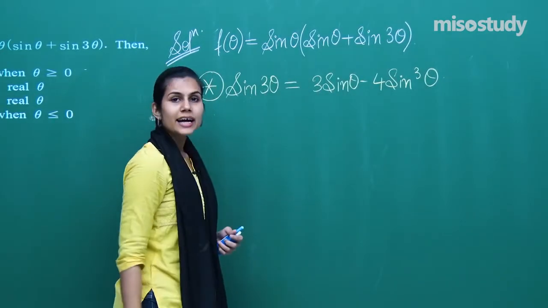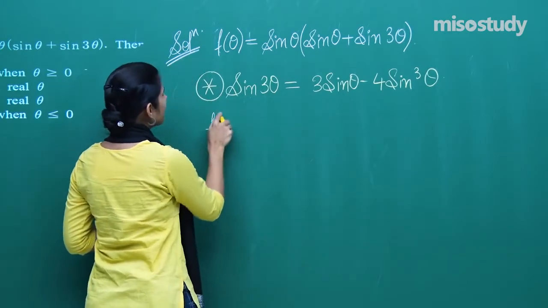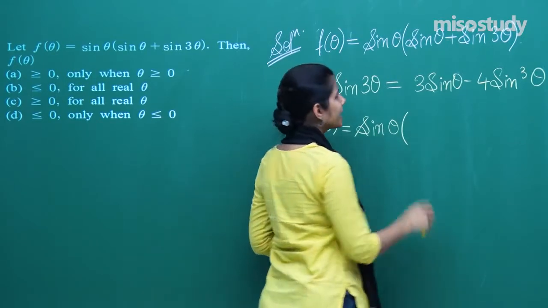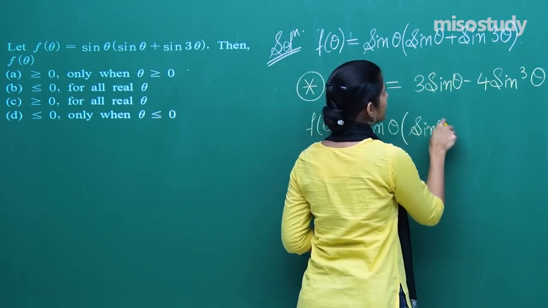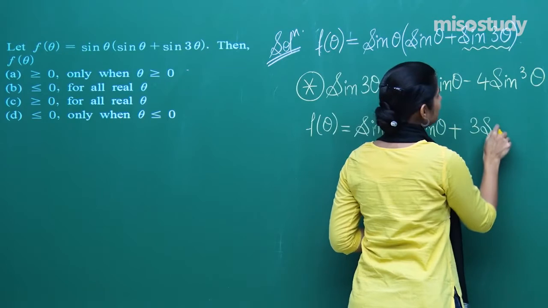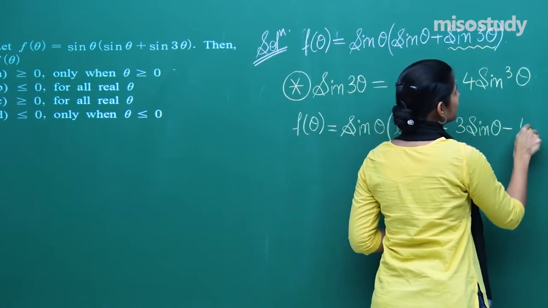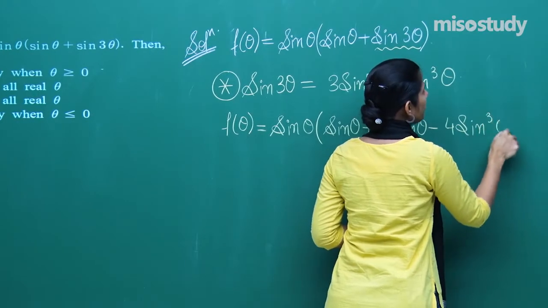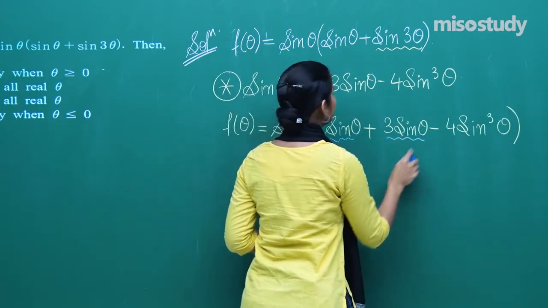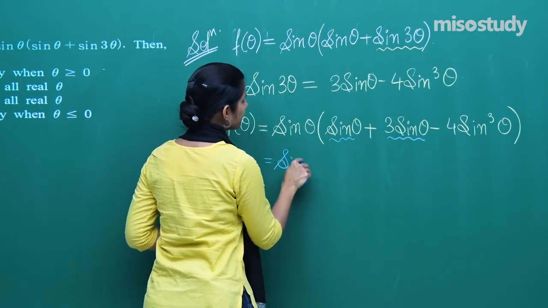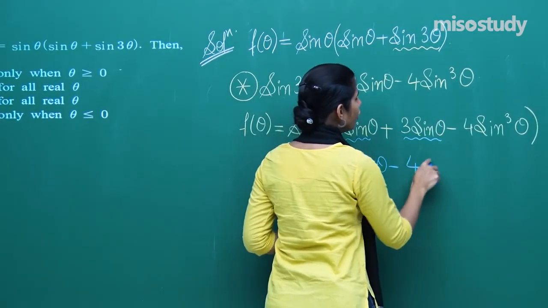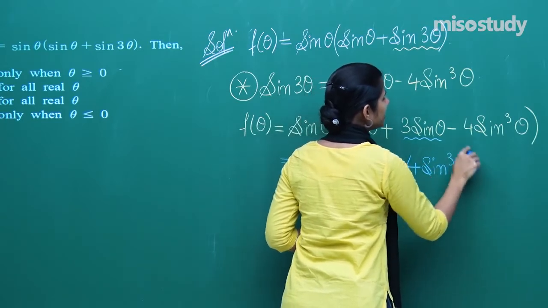If I use this identity over here, I get my f of theta is sine theta. Inside the bracket, I already have 1 sine theta, copy it, plus use the identity over here, you get 3 sine theta minus 4 sine cube theta. And now sine theta plus 3 sine theta gives you 4 sine theta minus 4 sine cube theta.